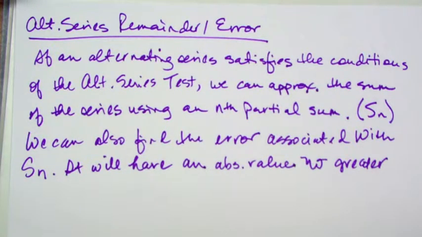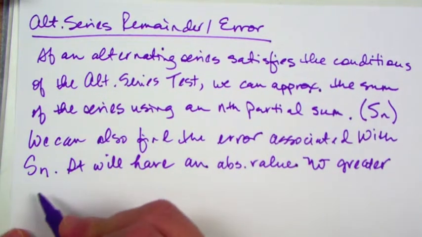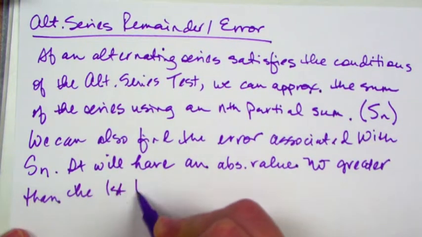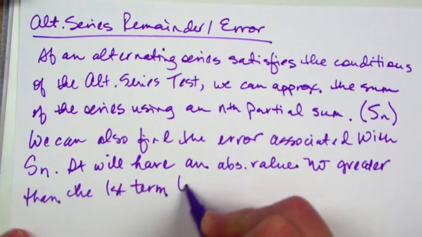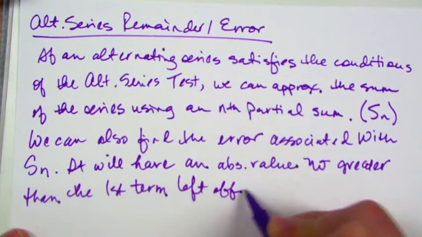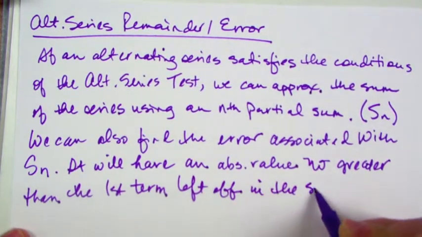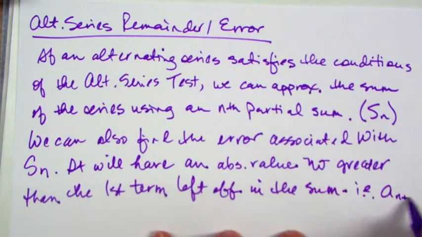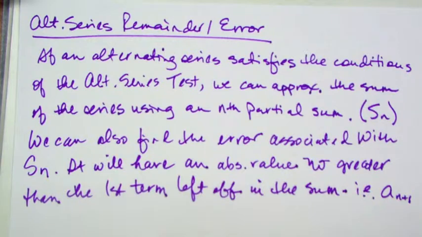It will have an absolute value no greater than the first term left off in the sum, i.e. a sub n plus 1.